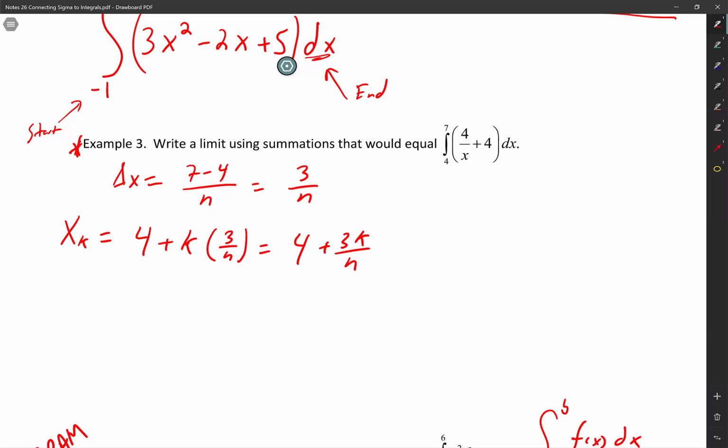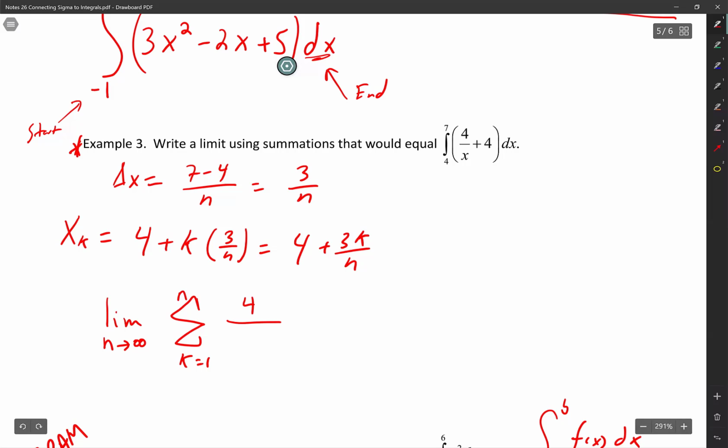Here we go. Limit as n approaches infinity. That's the number of rectangles. And I'm going to sum them all up from k equals 1 all the way to the infinite rectangle of 4 times, let's see, 4 plus 3k over n, all that plus 4.